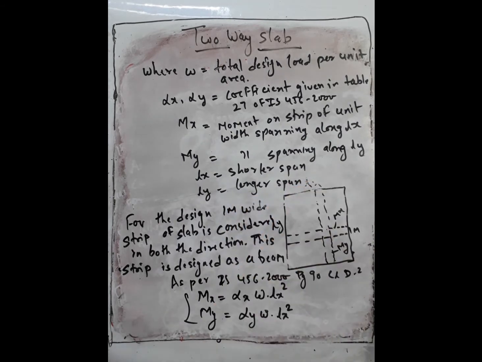So for finding alpha x and alpha y, you have to visit IS 456:2000 Table number 27. These are the formulas for finding the moments Mx and My spanning along Lx and Ly.